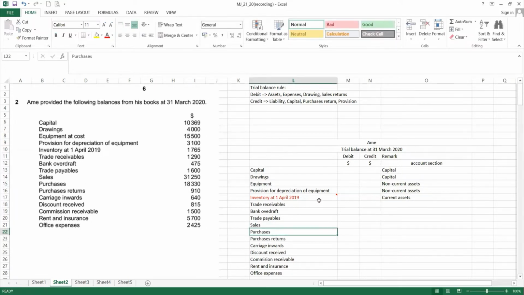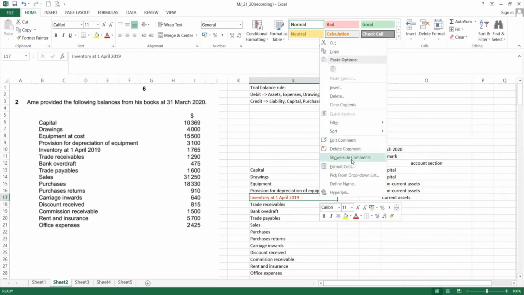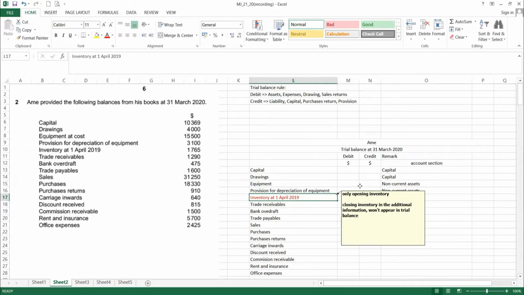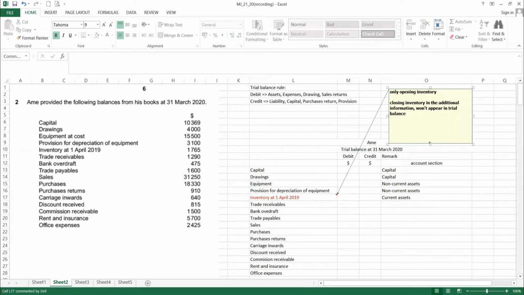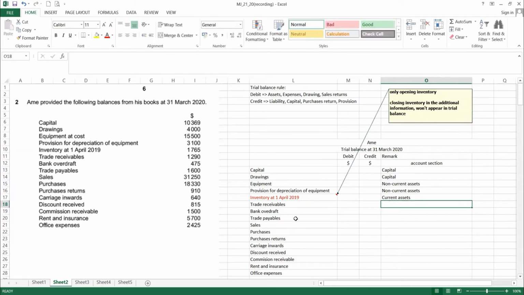So these are some notes that you can refer to. Okay, let me share it. So take notes about the inventory in case they have two inventory amounts to show.